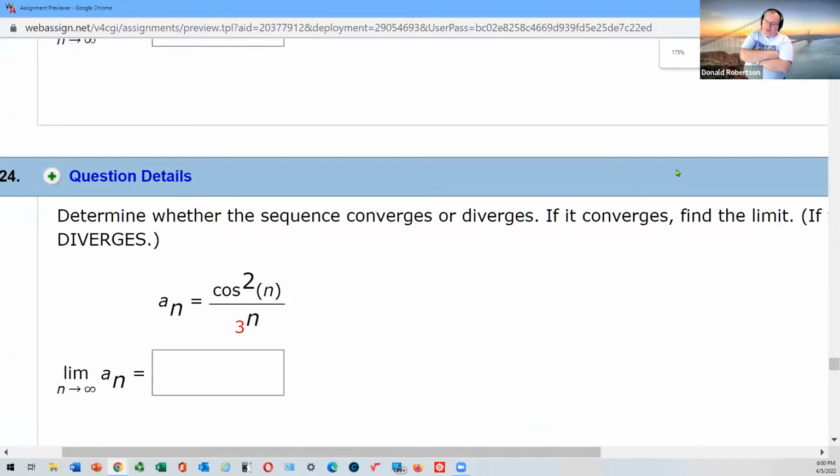What's the limit? You should be able to tell me. Zero. Correct. What was your thought process? Cosine doesn't really go beyond 1 or -1. Right. While the 3 to the n power is constantly increasing.